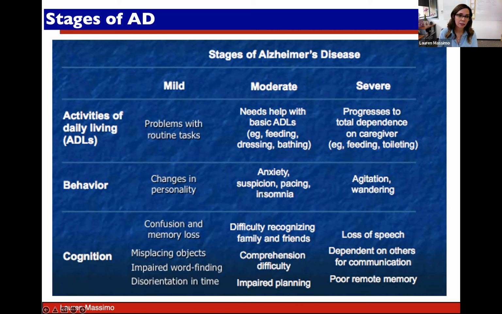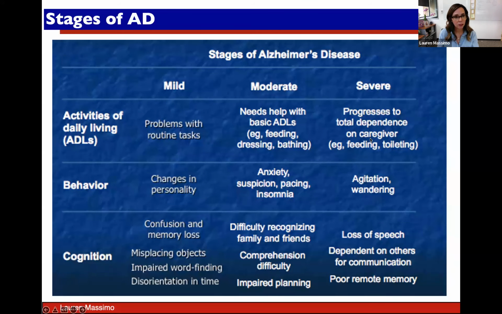So you can see anxiety, suspiciousness, pacing, and sometimes disrupted sleep. People can have difficulty recognizing their friends and family, comprehension difficulty, and more difficulty planning out their day-to-day activities.